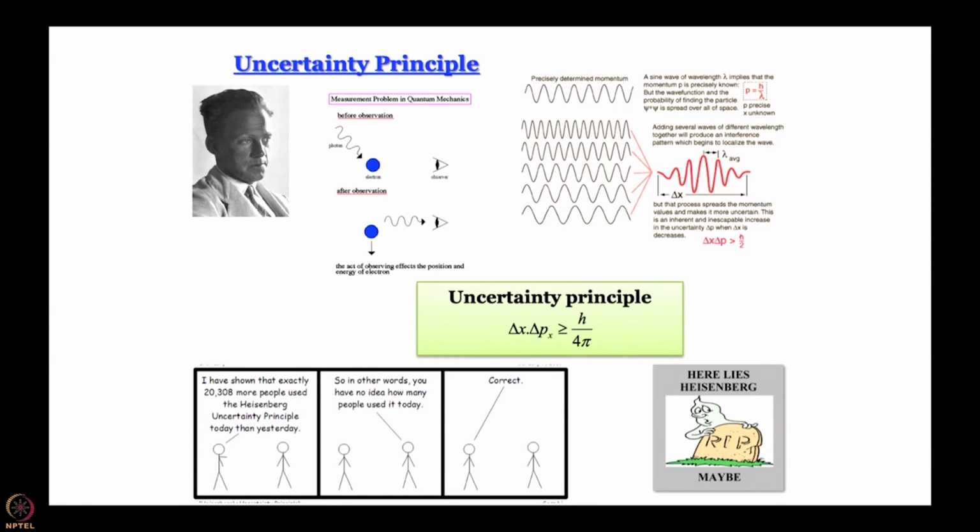A lot of people had a lot of fun making cartoons pointing out what seemed to be the ridiculousness of the uncertainty principle. But no matter how much humor it might have provided to contemporary society, the fact remains that until date the understanding is that the uncertainty principle is a natural phenomenon, a natural limit that one cannot violate.